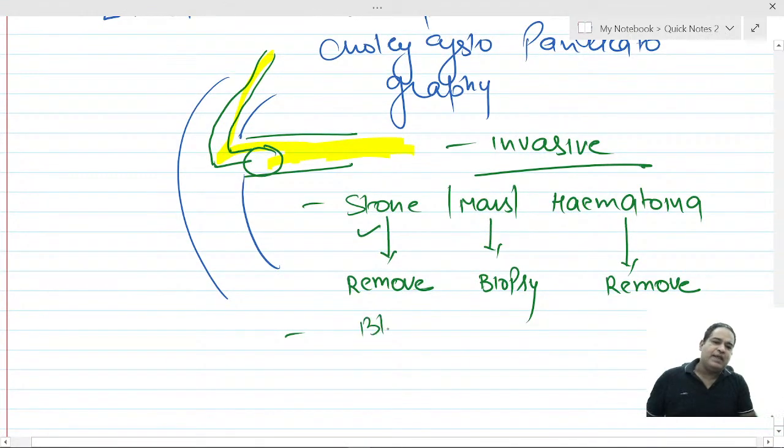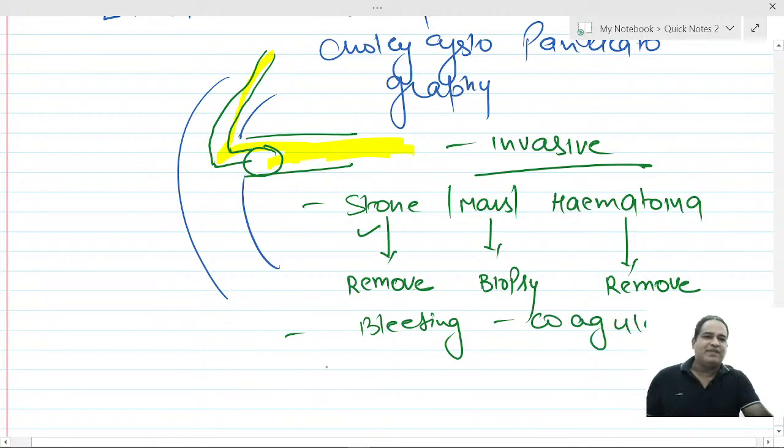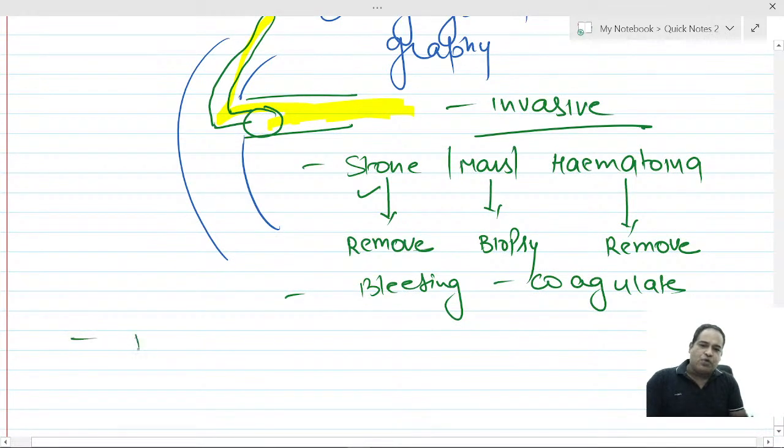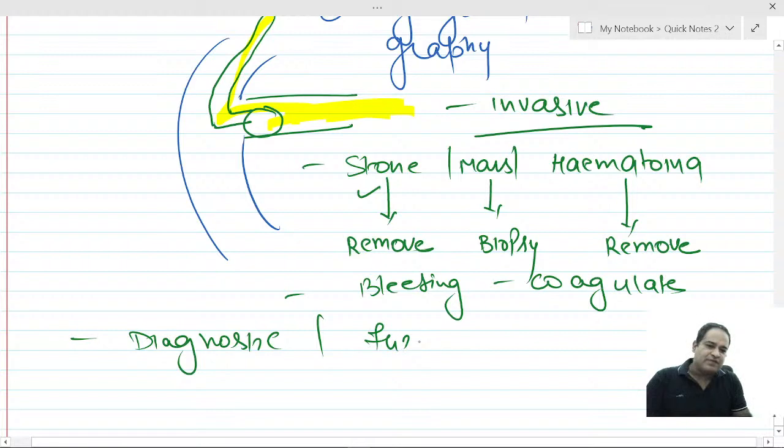If any bleeding is present, we can coagulate it. So basically, ERCP is both diagnostic as well as therapeutic.